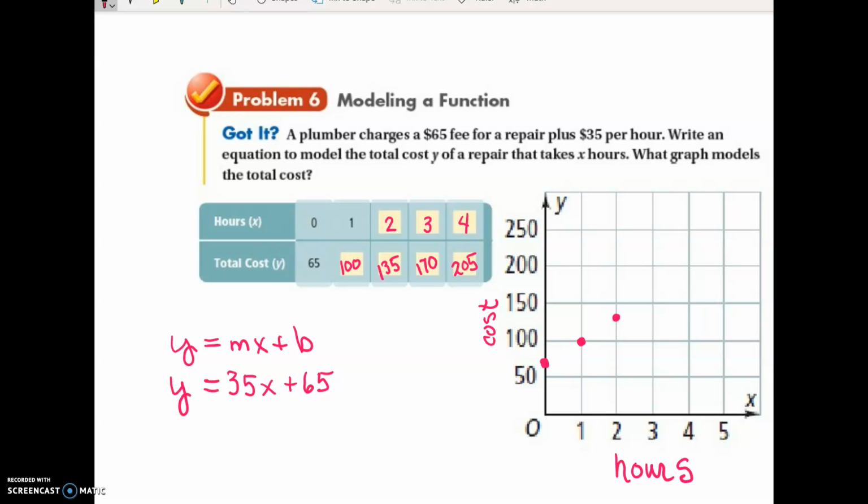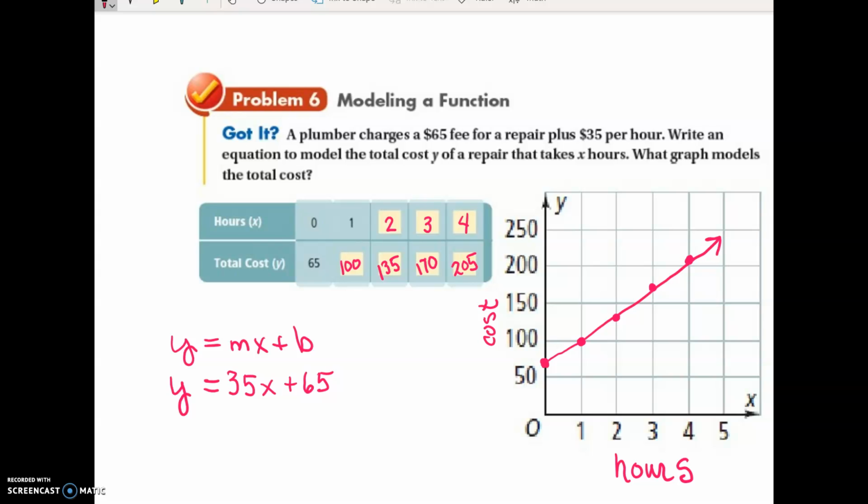3, 170. So I know that's right, maybe just right there. And then 4, 205. Again, just estimating where those would be, and then we could connect these together to show that relationship. So this graph would model that relationship for hours and total cost for the repairs.